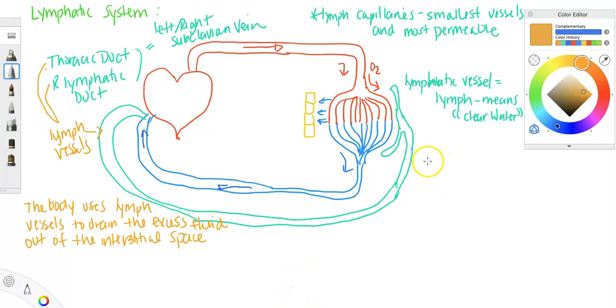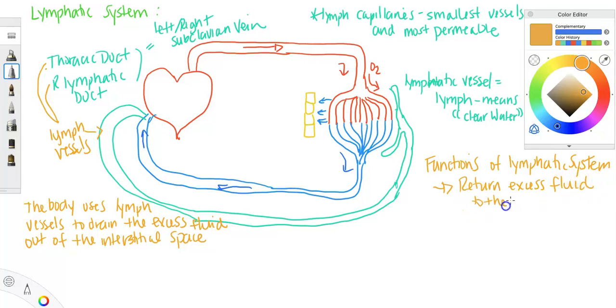All right, so let's look at functions of the lymphatic system. So return excess fluid, which is what we've just been talking about, to the heart.